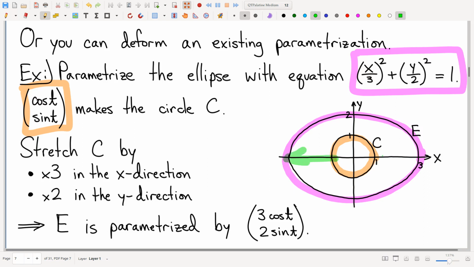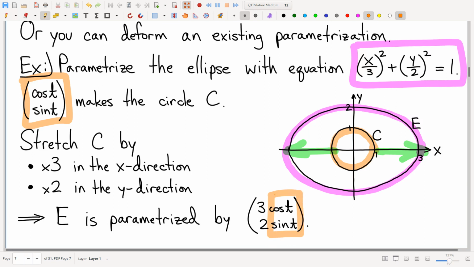And so stretching by a factor of 3 in the x direction, I'm going to take literally my existing parameterization of the circle, and I'm going to multiply the x coordinates all by 3. And that stretches geometrically by that factor of 3. Right? So again, we think geometrically, what do I need to accomplish geometrically?